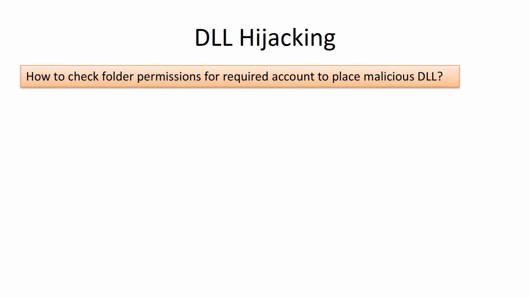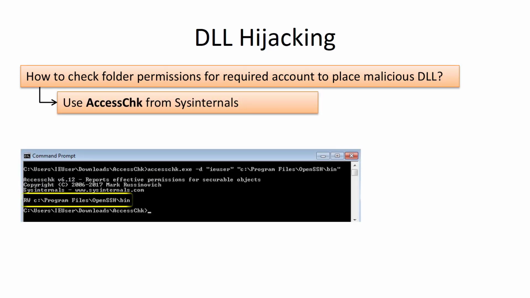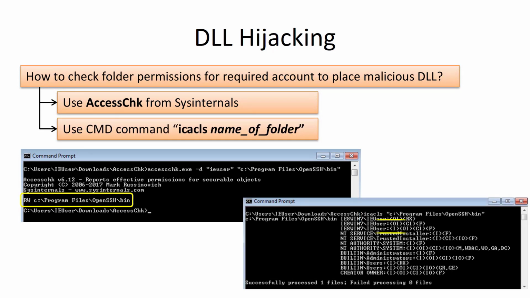This can be done in 2 ways: by means of the AccessChk tool from Sysinternals and with a built-in CMD command. If the findings are positive, the attacker can create a malicious DLL file with the same name as the missing one and place it in the corresponding directory.